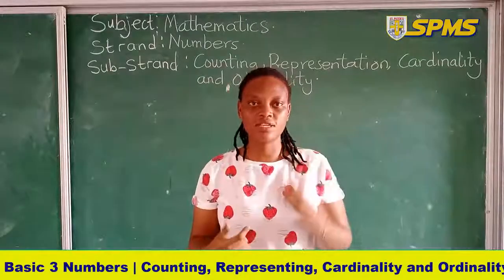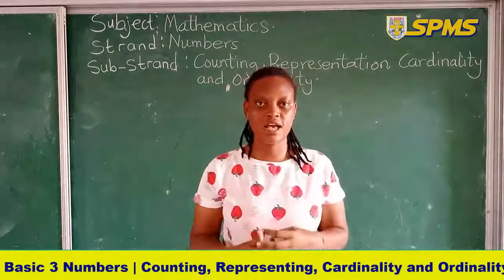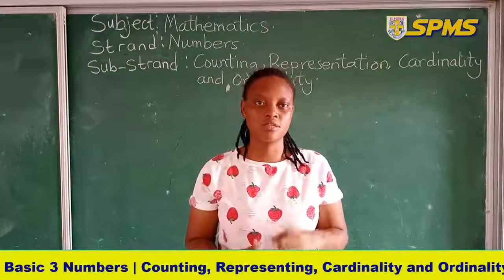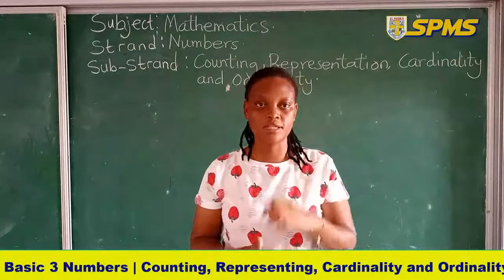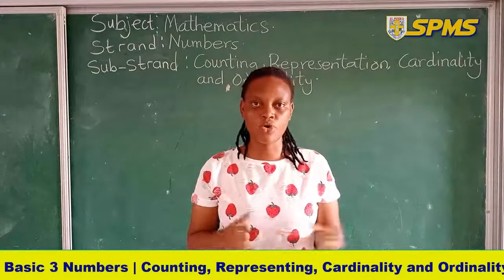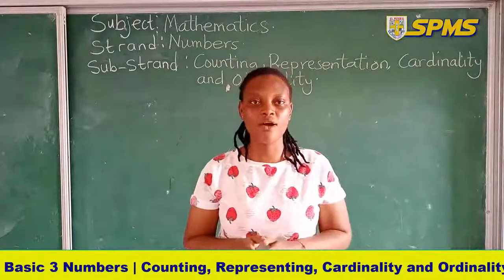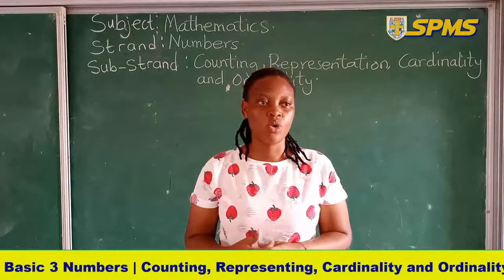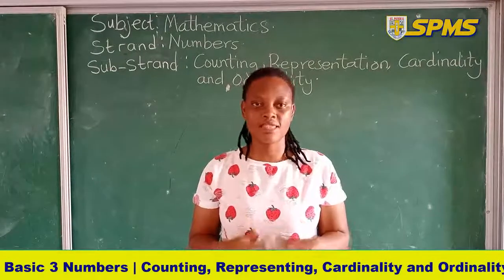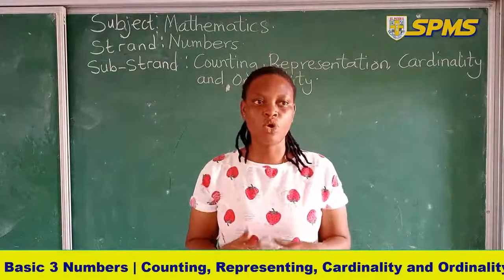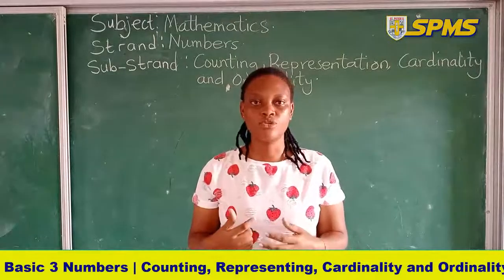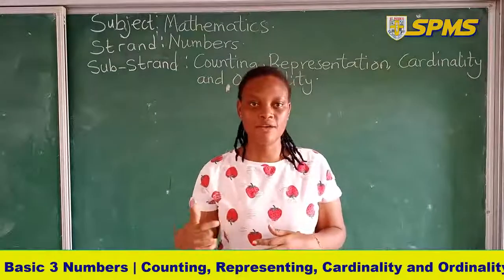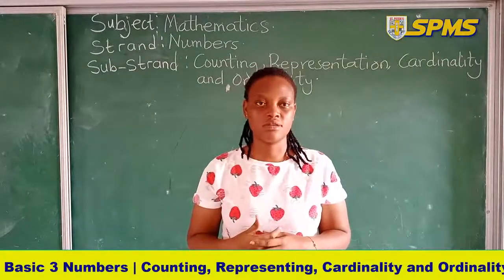Hundreds have 3 digits. Tens has 2 digits. And then ones is having 1 digit. So you compare using the number of digits. Also, if the number of digits are the same, we compare them starting from the left side.